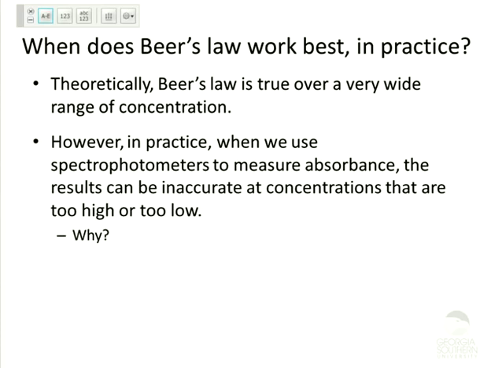The problems with Beer's law can really be understood if you think about the way the measurements are being made. Say you have a double beam spectrophotometer, with radiation simultaneously going through the blank and the sample, and then they go to the same detector.